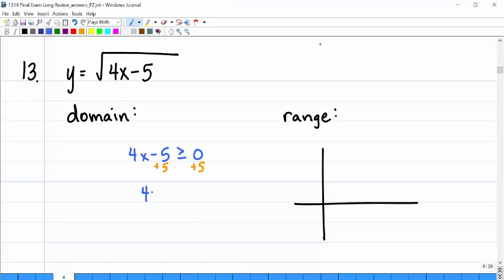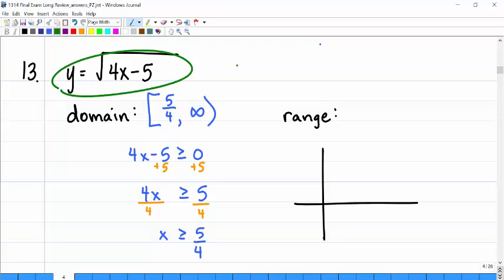So I have 4x is greater than or equal to 5. Dividing both sides by 4, I get x greater than or equal to 5/4. So my domain will start at 5/4 with a bracket and go up to infinity.